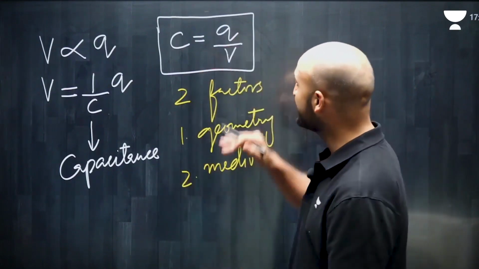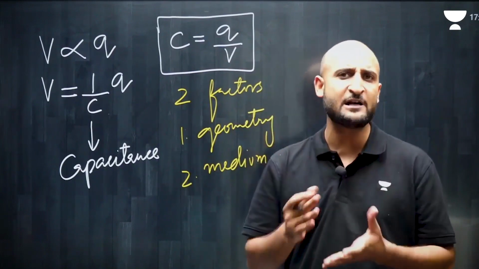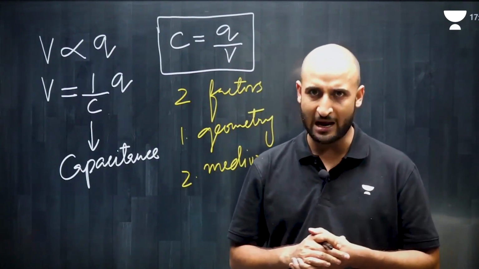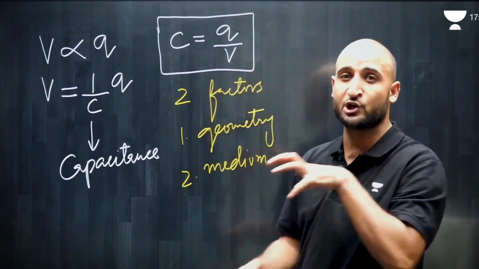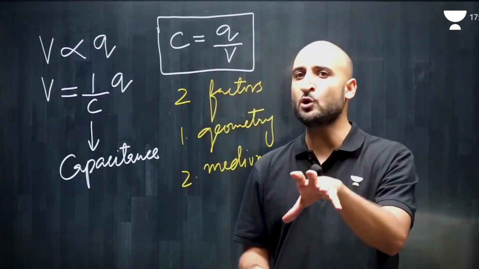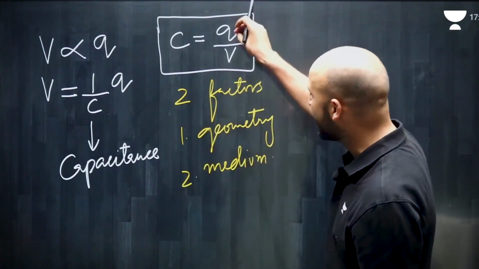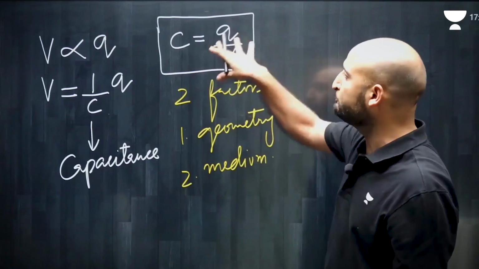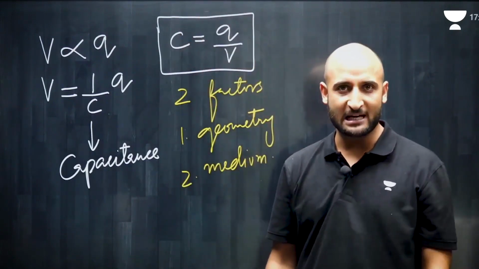It does not depend on the charge. It does not depend on the potential difference of that particular capacitor. Right? So that is the working rule for us. This equation is actually the working rule for us. If you want to know the capacitance of a capacitor, I'm repeating this, you have to give the charge, check the potential or potential difference, make the ratio, and you get the capacitance of that capacitor.